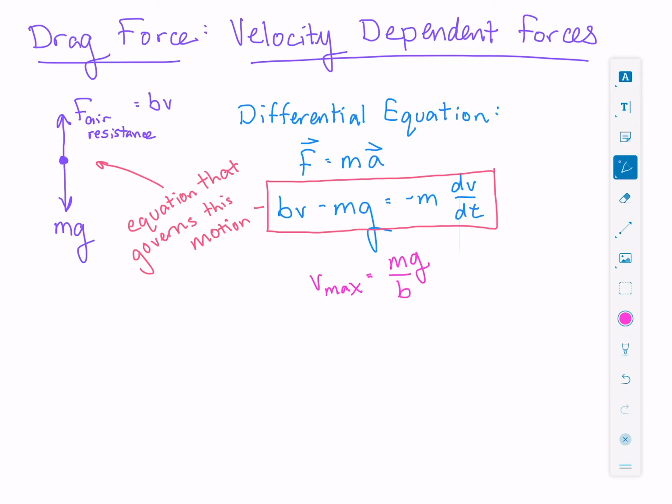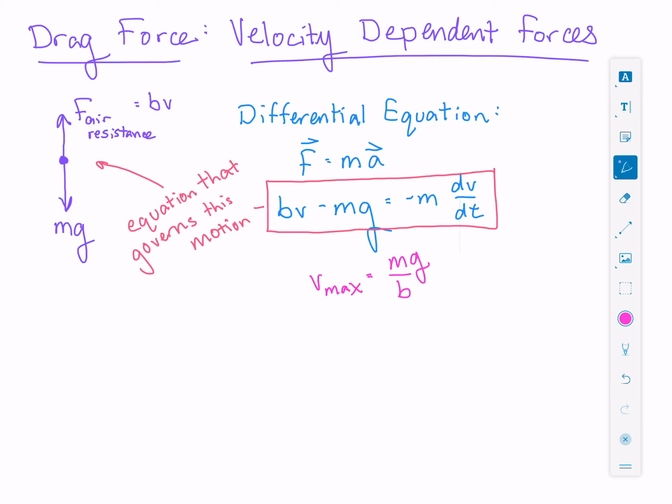At t equals 0, my speed is 0. As my speed increases, the air resistance is also going to increase, and it's eventually going to get to a point where I am no longer accelerating, so my net force is 0. Therefore, bv equals mg, so my max speed is going to be mg over b.